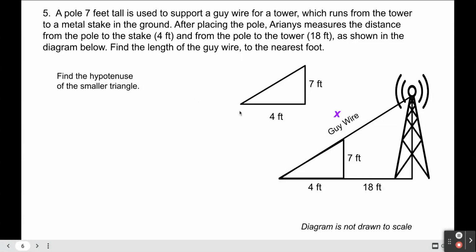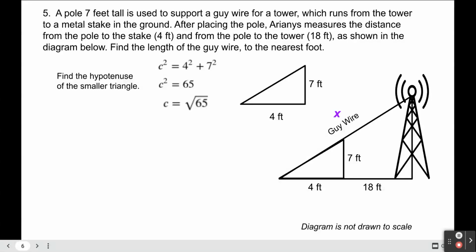To find the hypotenuse, we would use the Pythagorean theorem. a squared plus b squared equals c squared. So the legs squared and added together equals the hypotenuse squared. So we find that c squared equals 65 because 4 squared plus 7 squared is 65. When you take the square root of 65, it actually gives you a decimal.